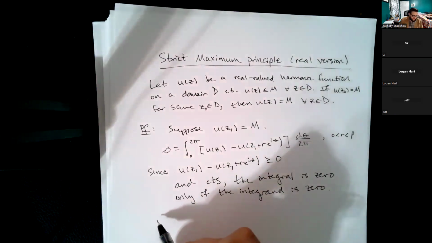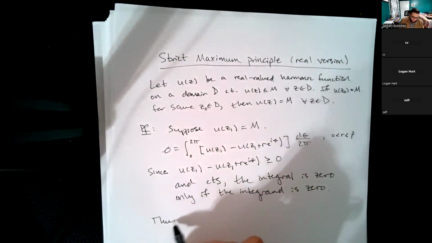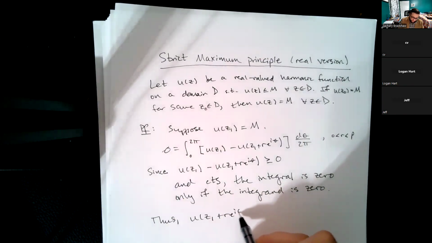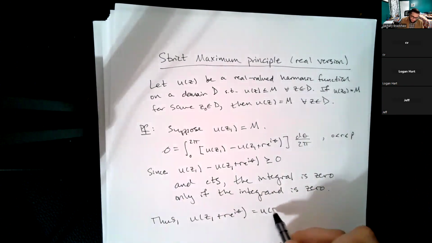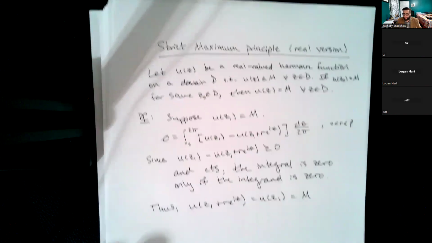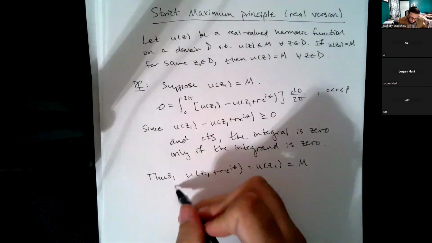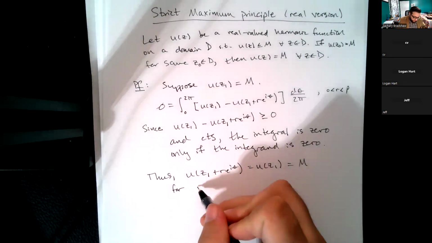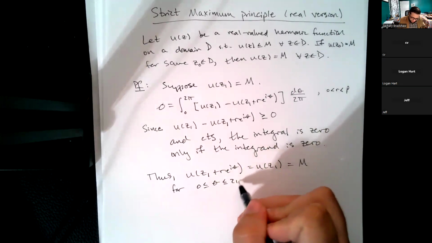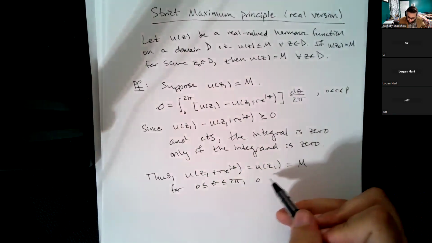And so that tells us that, since it is in fact 0, U of z1 plus r e to the i theta must be equal to U of z1, which is in fact equal to that maximum. And this is true regardless of theta, right? This is true for theta between 0 and 2 pi. And it's also true for r between 0 and rho.